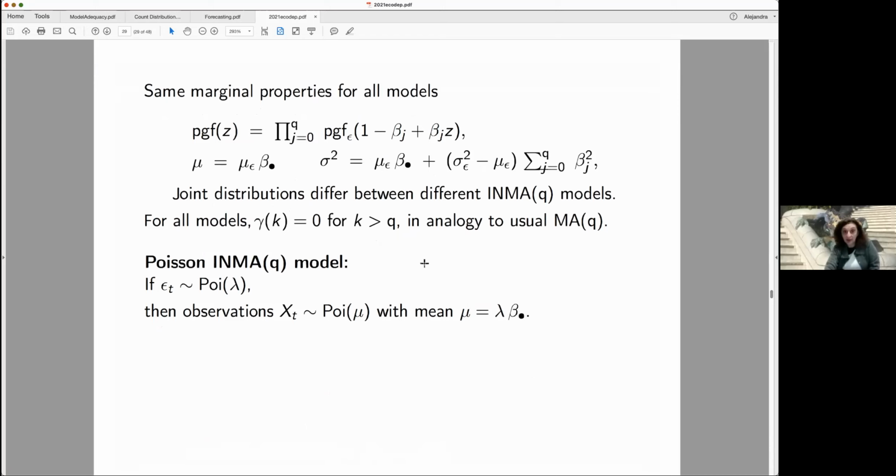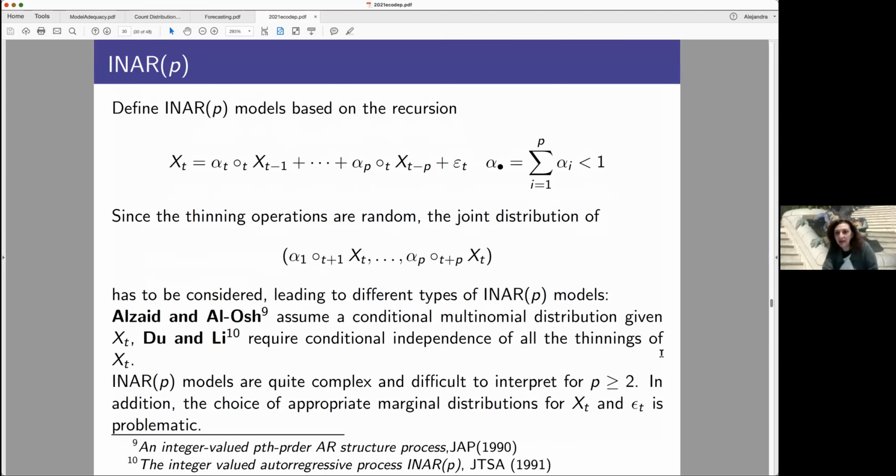And for all of them, the autocorrelation function cuts off after lag Q. In the case of the Poisson INMA model, we will have Poisson observations, and the mean will be just lambda times the sum of the betas. So that's how we can go to MAs of order Q.